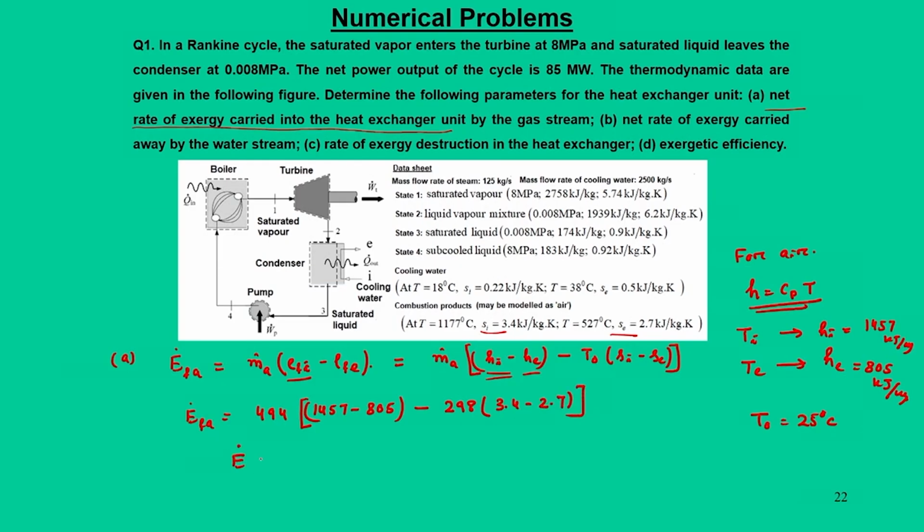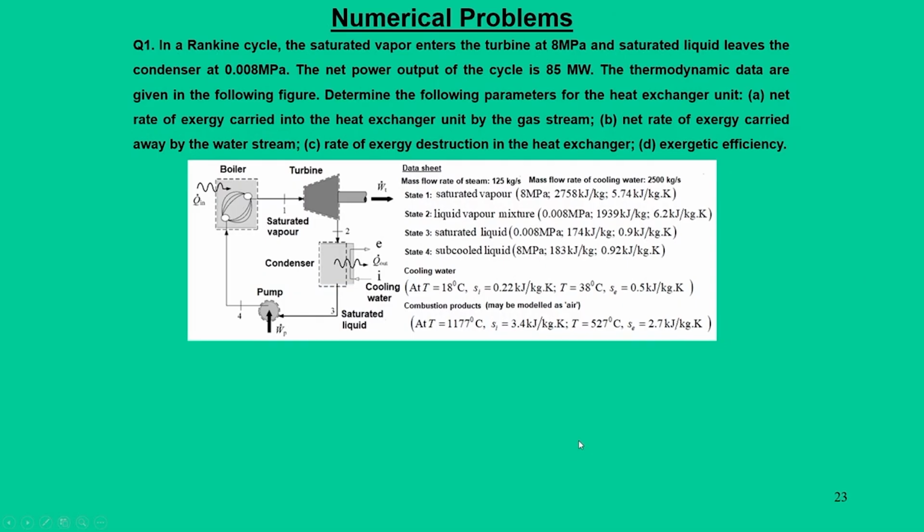So, E dot F A can be calculated as 219,040 kilojoule per second. So, approximately the exergy carried by the air stream into this heat exchanger unit or boiler unit is approximately 219 megawatt. And of course, this is being taken away by the steam.